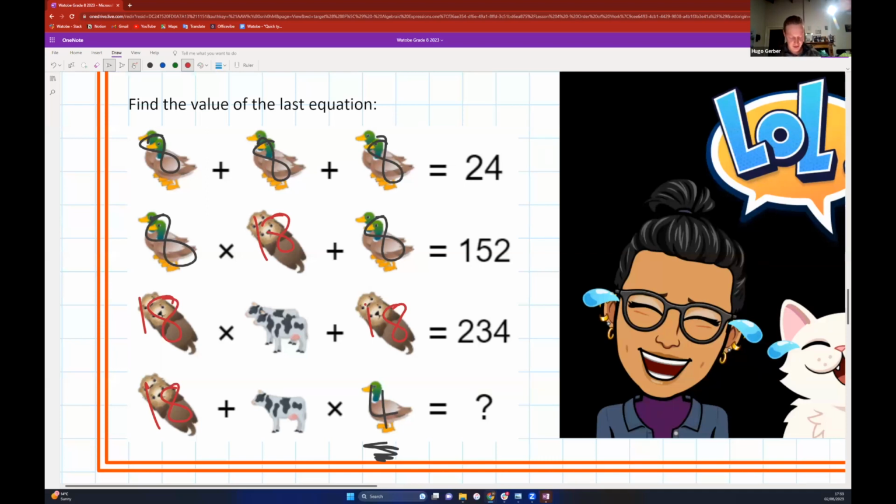For the cow, anybody still with me for the cow? What will we get for 2 cows?